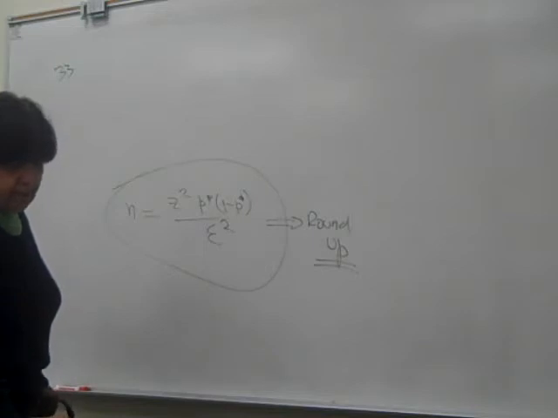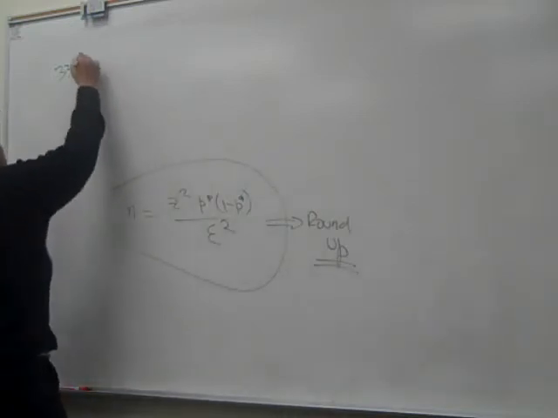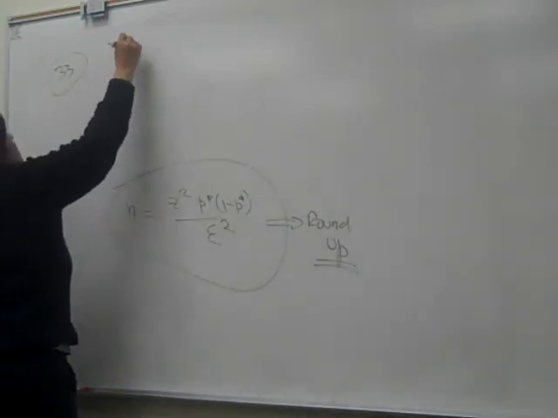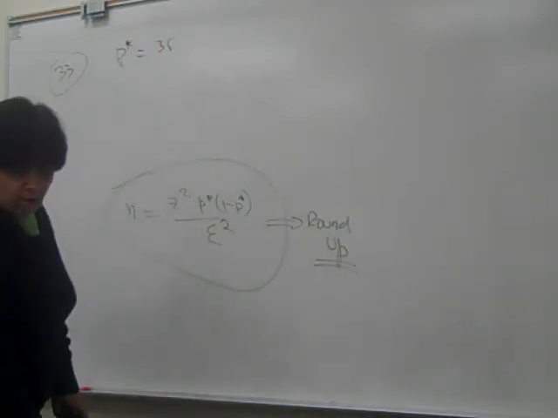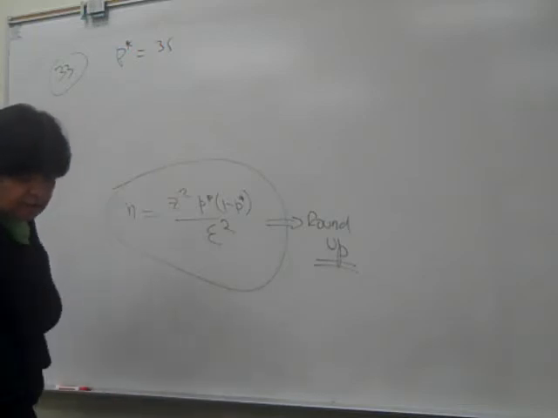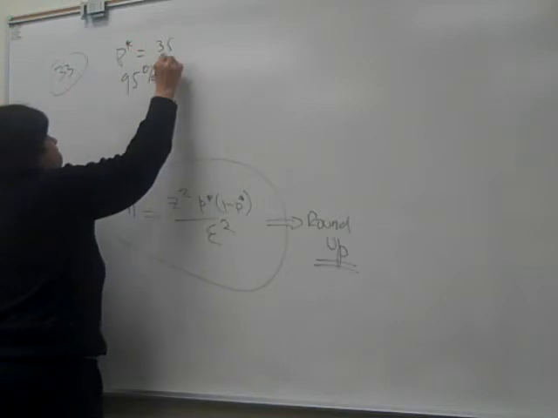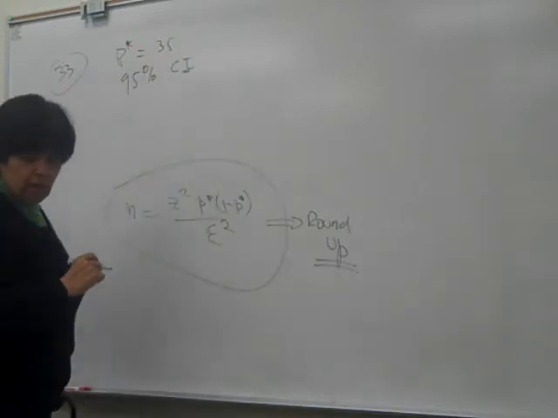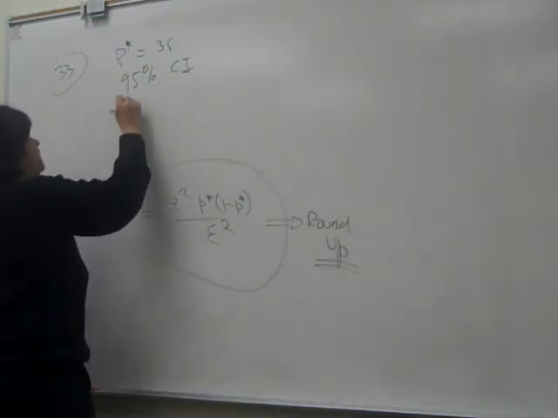It says in a survey, the planning value for the population proportion is p star 0.35. So in this case, they give us the p star. How large a sample should be taken to provide a 95% confidence interval, and the margin of error 0.05?